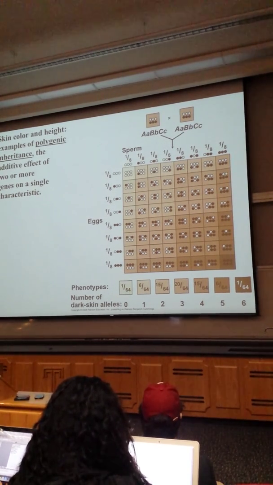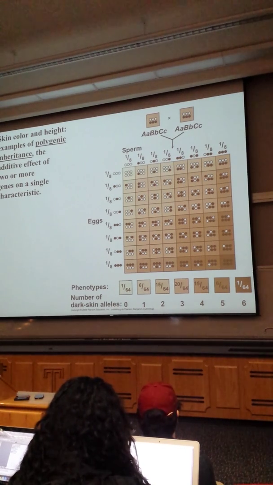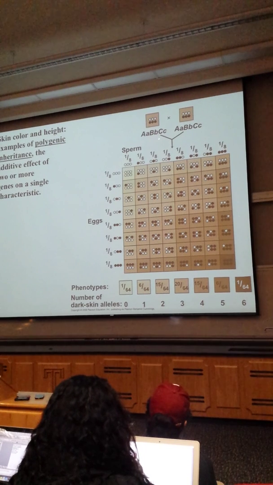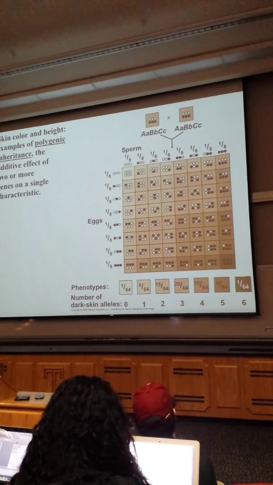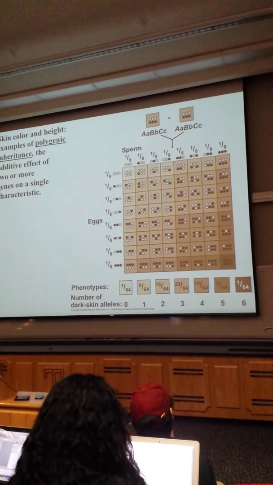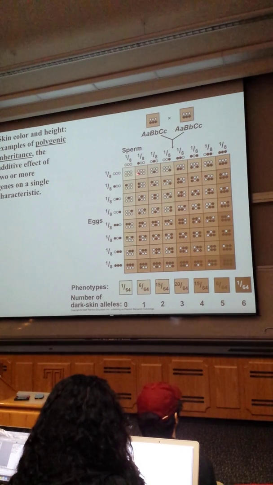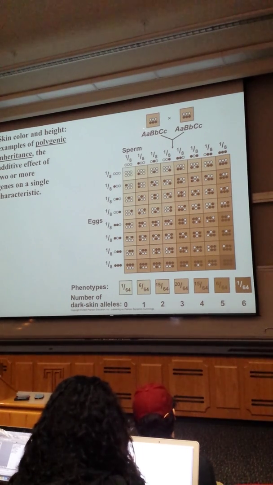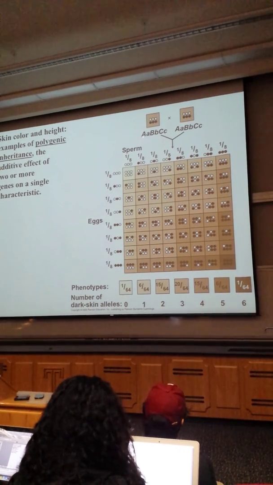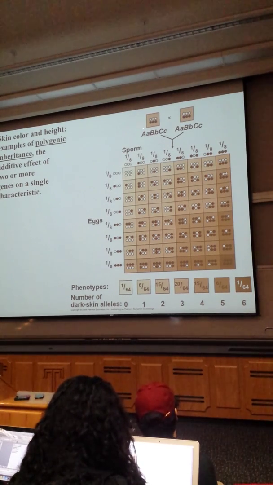The various enzymes could be labeled A, B, and C. And you could determine just how light or how dark somebody's skin was going to be based on the efficiency of each one of these enzymes.